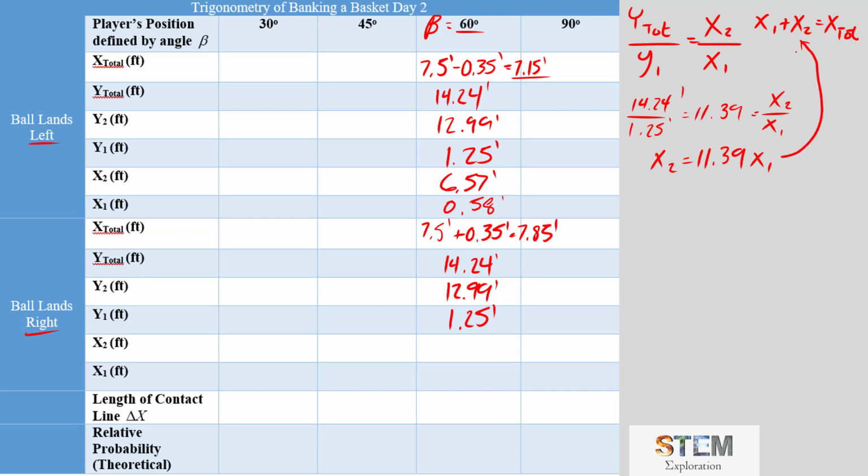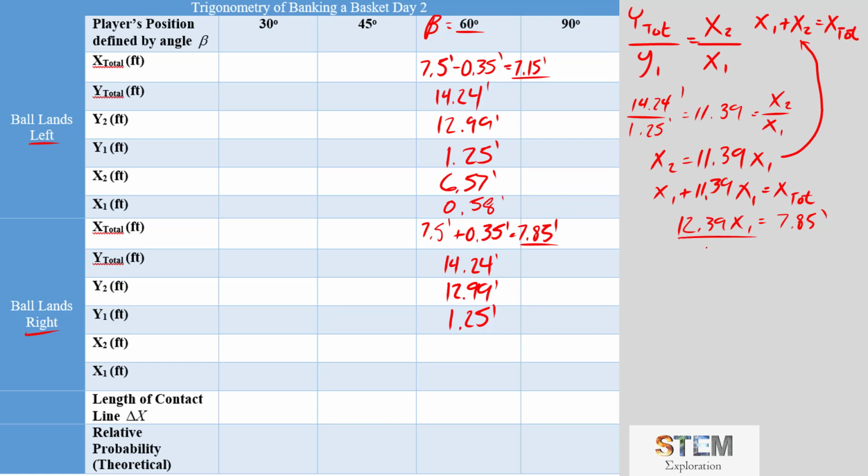Plug that in for x2 over here and get x1 plus 11.39 x1 all equals x total. Let's plug in what we know and simplify. So 12.39 x1 is equal to the 7.85 feet that we have here.